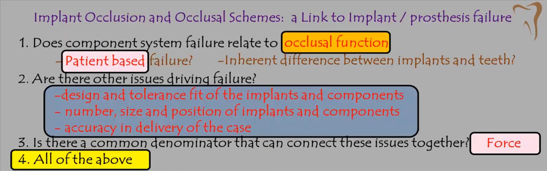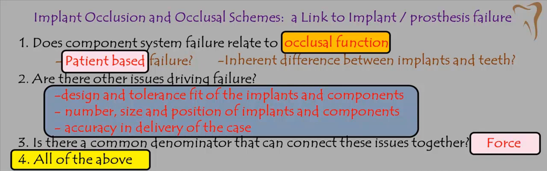Okay? So going back to the three questions I have here, we know that force is the common denominator that loads up things. We know that in the patient base, there's a wide variability of how much force is being put on any particular case.